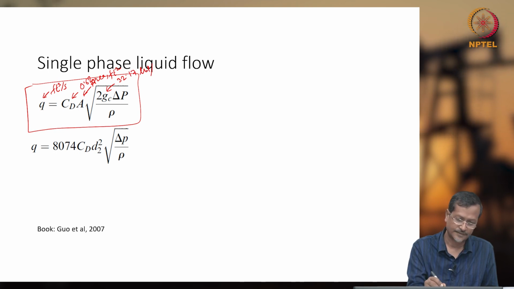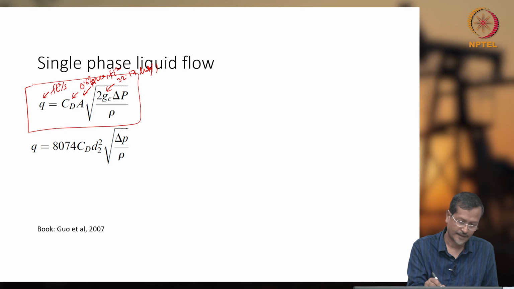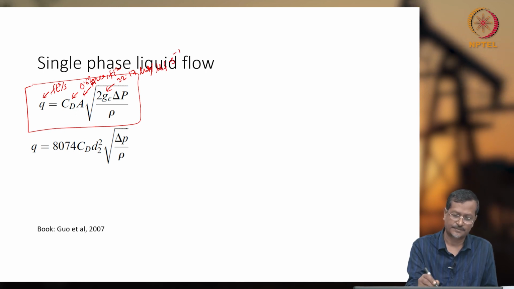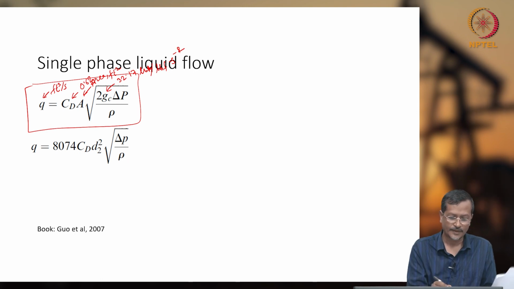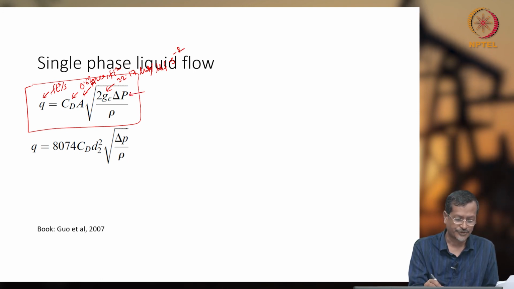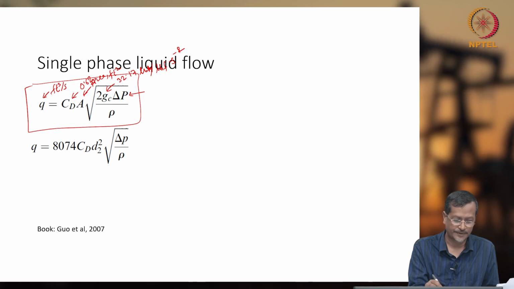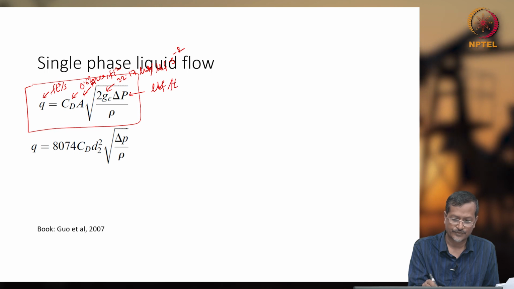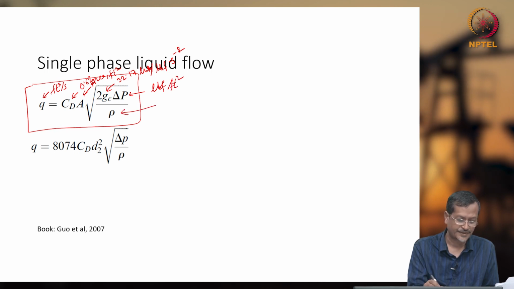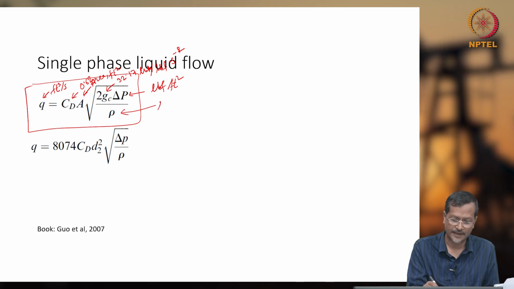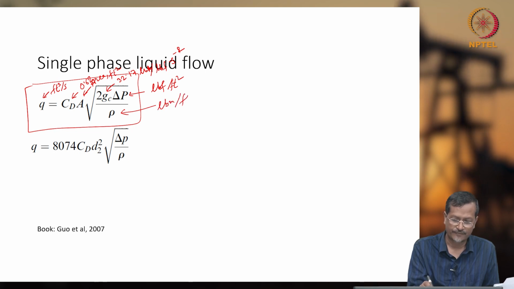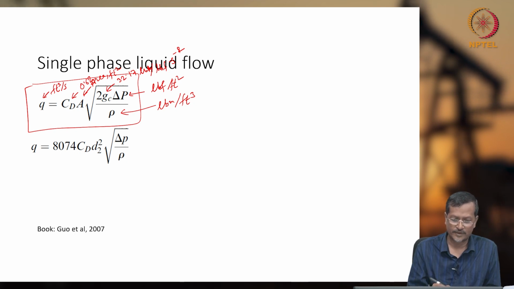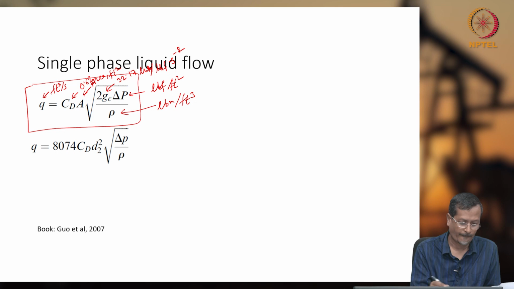and Gc value is equal to 32.17 lbm ft per lbf second squared, and del P is the pressure drop, whose unit is lbf per feet square, and rho is the fluid density, in lbm per ft cube. All this formula is taken from the book by Guo et al. If something goes wrong, please follow the book.